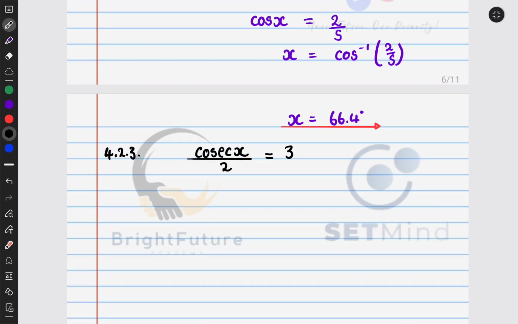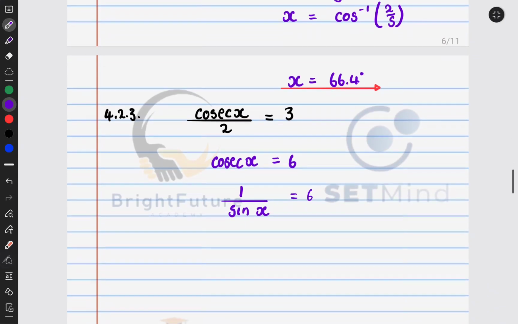But let's start by isolating cosec x by taking the 2 to the other side by doing the cross multiplication. So cosec x is equal to 2 multiplied by 3, which is going to be 6. And then what is cosec x? It is the reciprocal of sine x. So we have 1 over sine x is equal to 6.